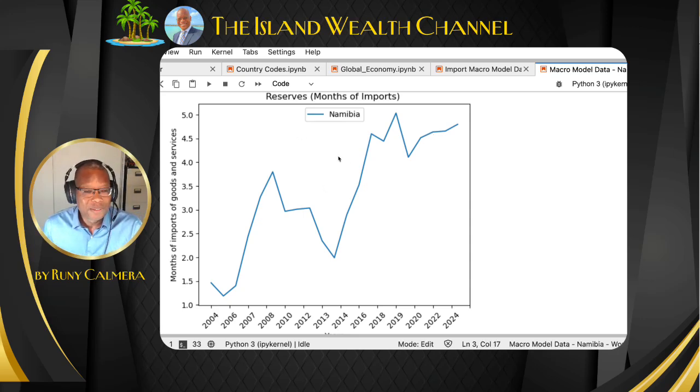Now for the Caribbean, it needs at least 3 months. If you have 9 months of reserves, that's good, because then you can survive for 9 months.